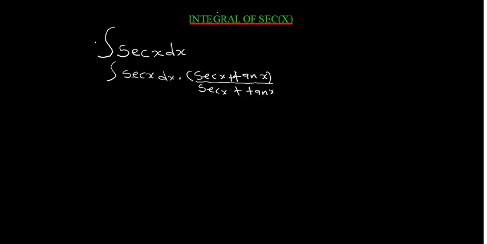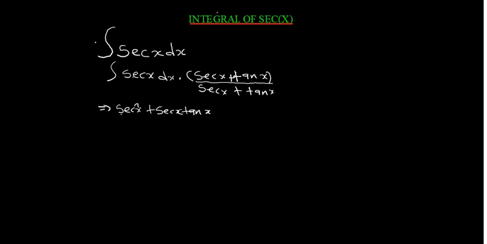From there, what is sec x times sec x? That should give you sec x squared. Then what is sec x times tan x? It will give you sec x tan x. So plus sec x tan x, that's what you get as the numerator.